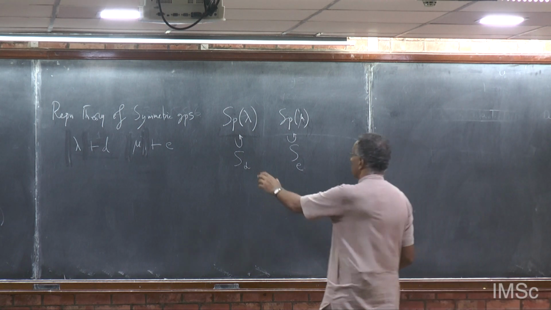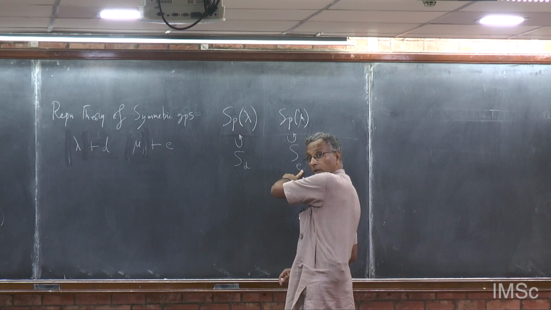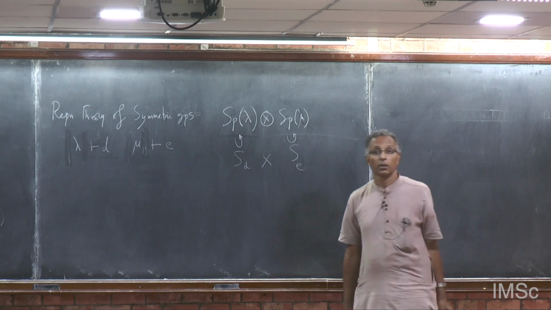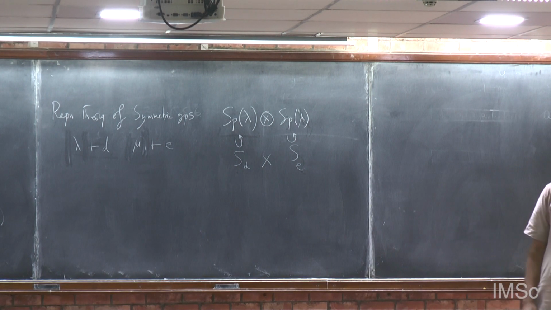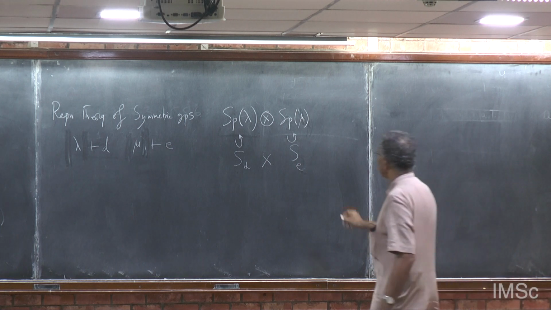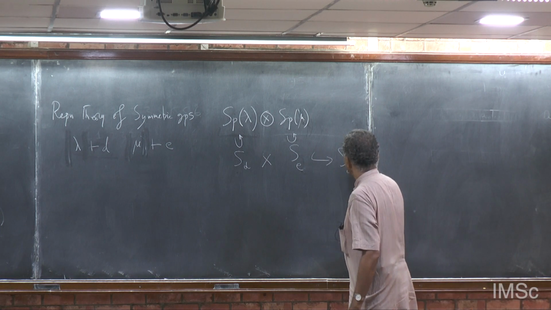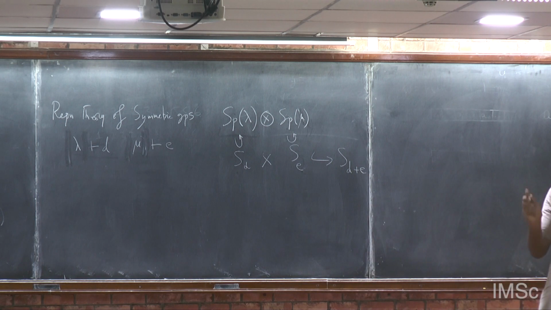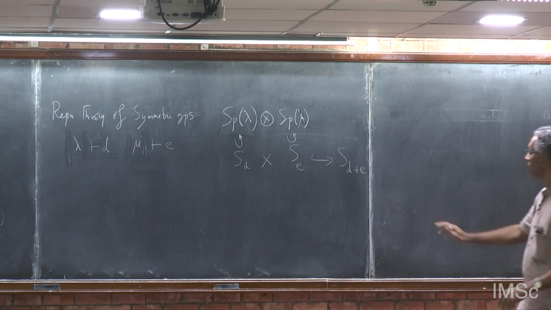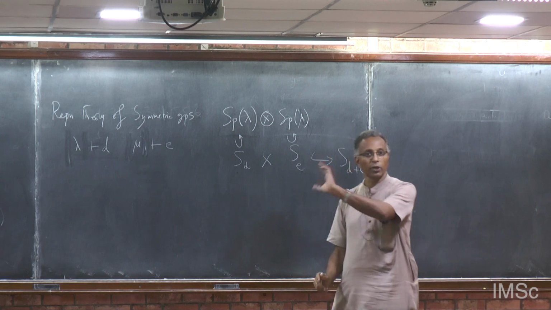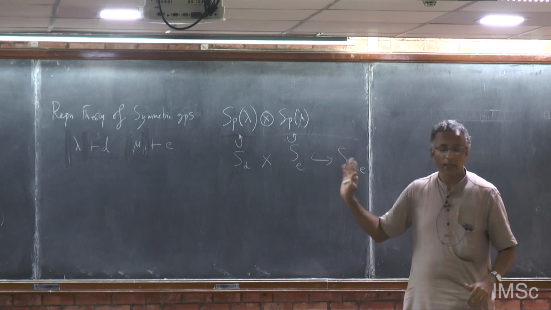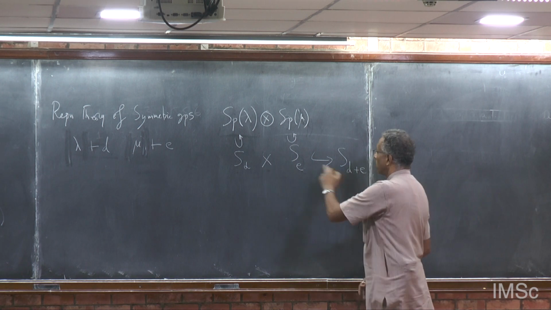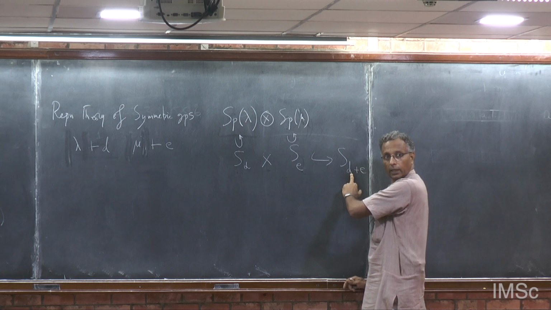Now, if G and H are groups and these are representations, their tensor product is naturally a representation for the product group. Now, this sits inside S_{D+E} in a natural way, where the first D letters are permuted according to one permutation and the next E letters are permuted according to the other permutation.